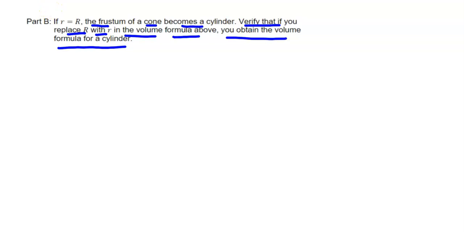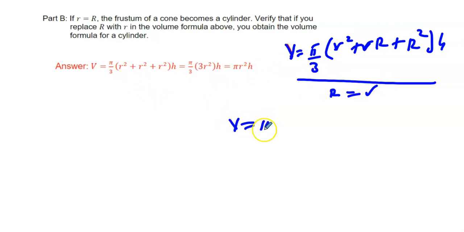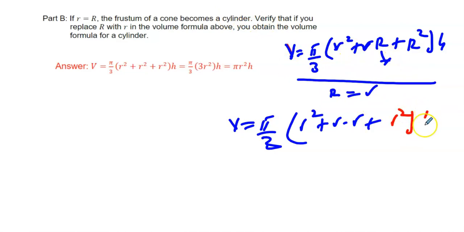Now, if you remember, the formula for the volume of the frustum was small r squared plus small r big R plus big R squared. We want to replace big R to be equal to small r. So this gives us the volume equal to pi over 3 times small r squared plus small r times small r plus small r squared, times h.